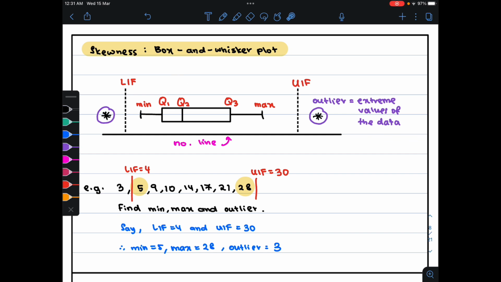So we can see that when you do Q3 minus Q1, that will give you 75% minus 25%. And hence, the box actually tells you the position of 50% of the data. So this means that when you draw the bell-shaped curve, most of the data or 50% of the data will be around here. The rest of it will be to the left side of the box and to the right side of the box. So that's the significance of this box right here.